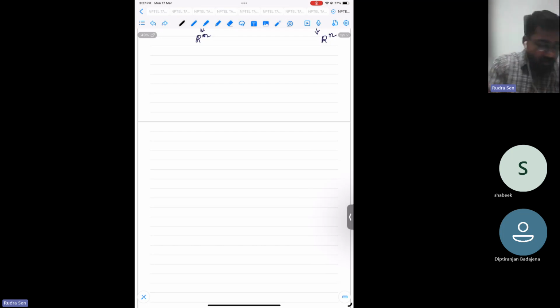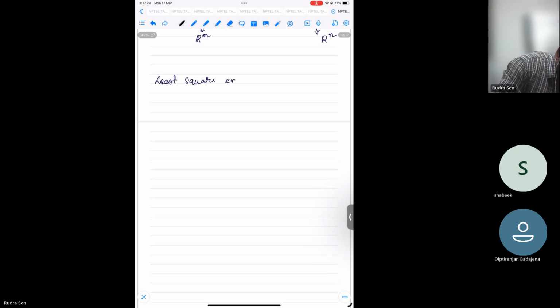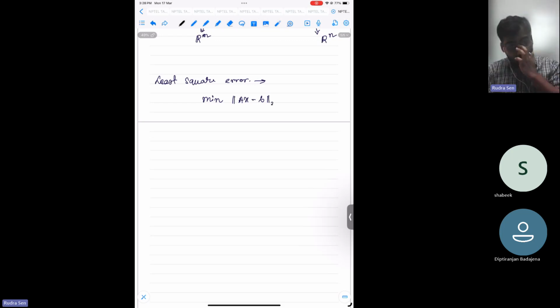We need to minimize. So what is basically the least square error? We need to minimize Ax minus b, the two norm error.